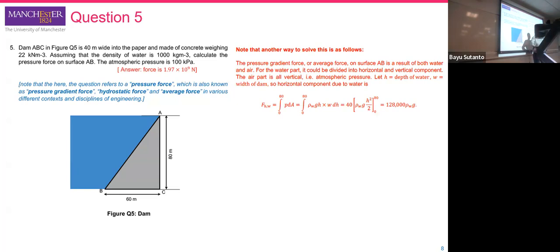This is the function of x, and this is also constant. So actually three of these variables can go out from the integral. So we have for P: rho, g, and because of the integral it's dx, and take the integral from 0 until its total of 80 meters.